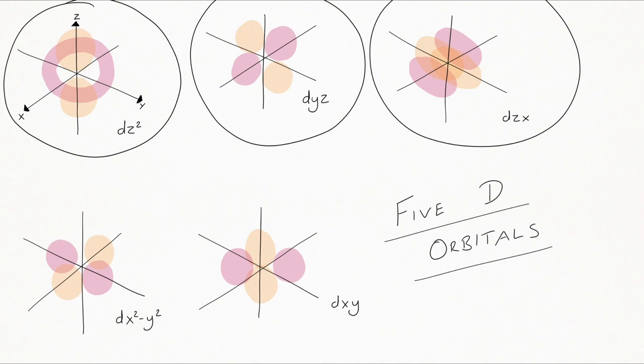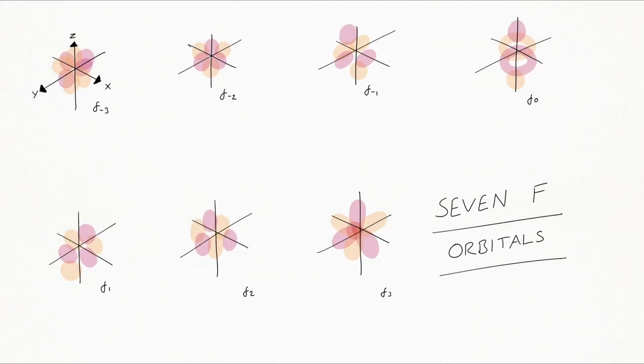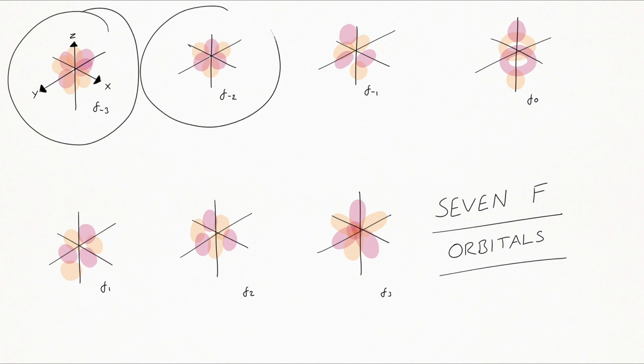We then move on to the f orbitals, for which there are 7, and you can see the same. And they each hold a maximum of 2 electrons per orbital. While these shapes were initially extremely confusing, we're just building up on what we've previously learned. The principles are exactly the same. These orbitals are just simply representations of where an electron might be.